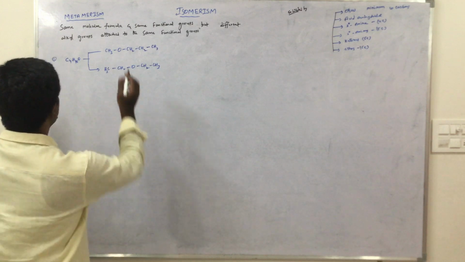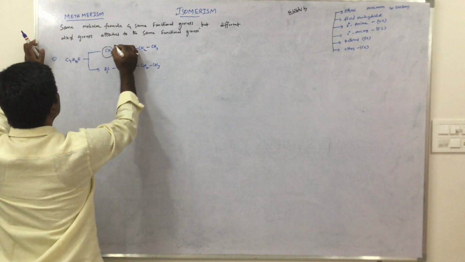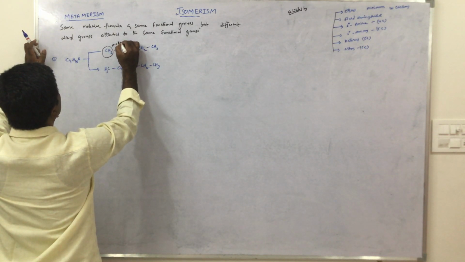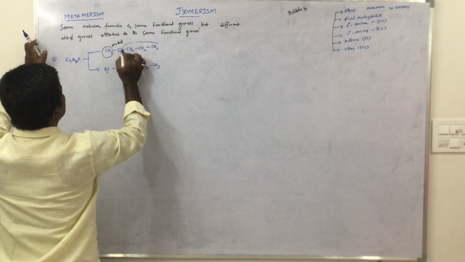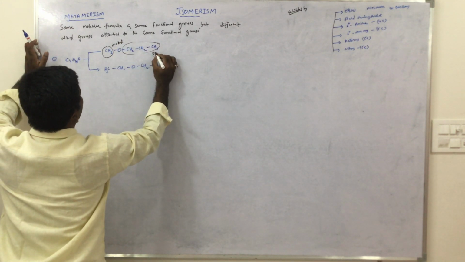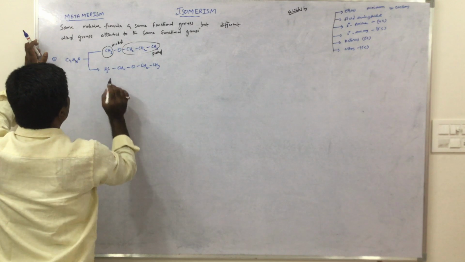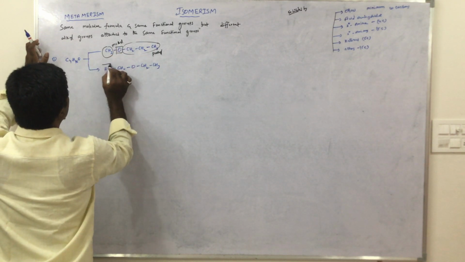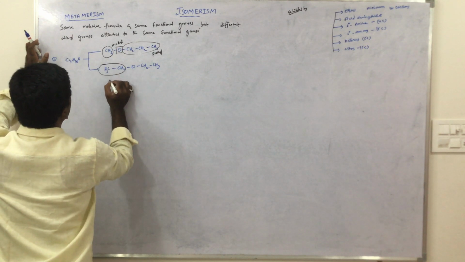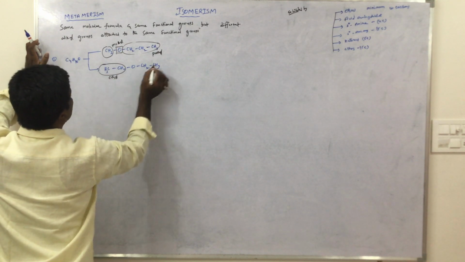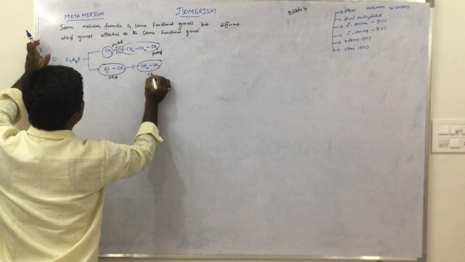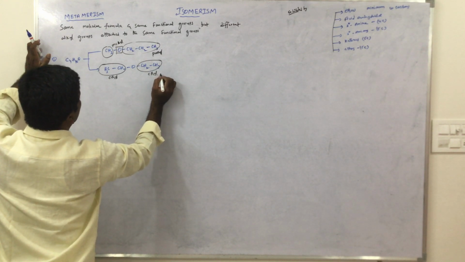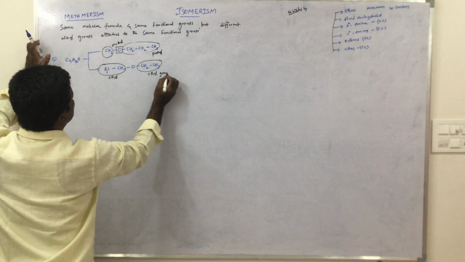Observe carefully: this is a methyl group, this is a propyl group, and this is the ether group. In the second structure, this is an ethyl group and this is also an ethyl group.